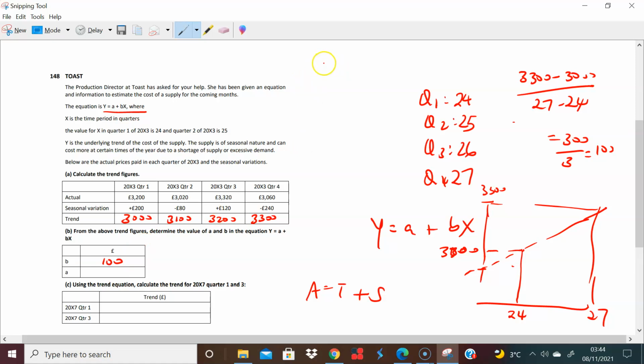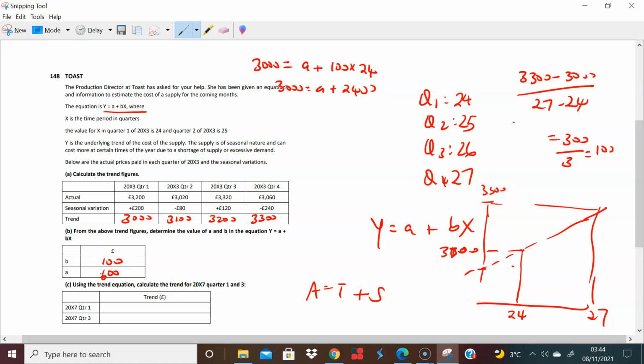I'll take quarter one. I know that 3,000 is equal to A plus B, which is 100 times 24. So that means that 3,000 is equal to A plus 2,400, and that means that A is equal to 600. So A is equal to 600.